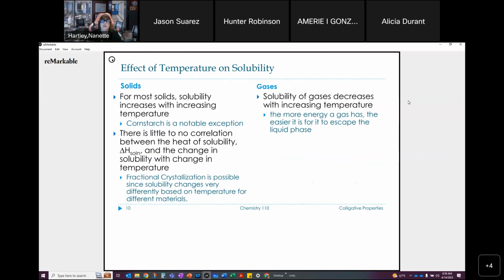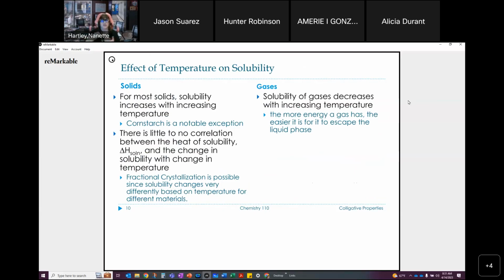The other thing that we need to talk about is the solubility of gases. If I consider the gases, the solubility of the gas decreases with increasing temperature. I talked about this a little bit on Wednesday because I said that as those gas molecules have more energy, they are more able to escape the surface tension, and therefore they are more able to be in the gas phase.